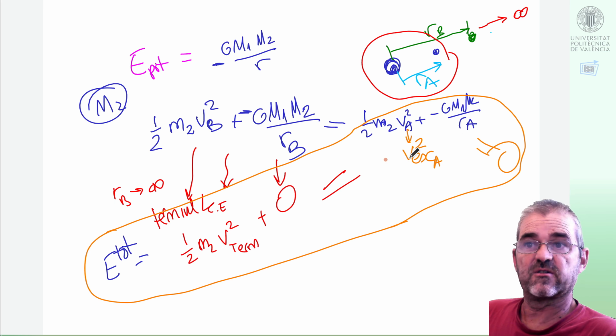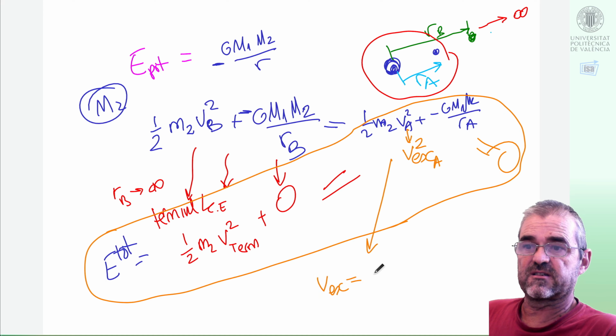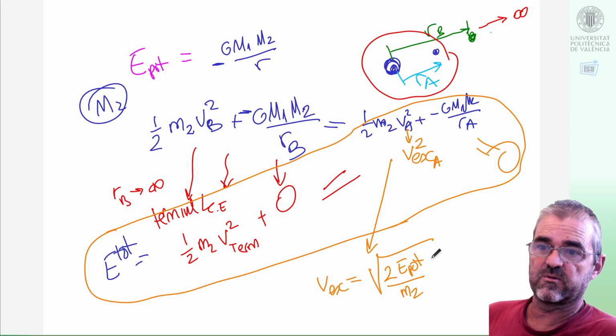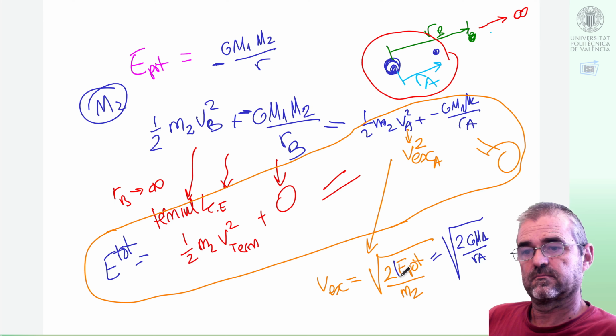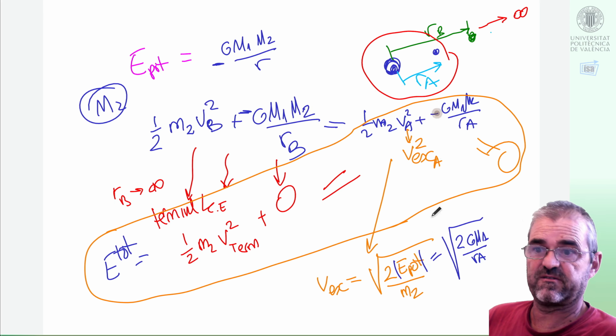So this is the concept of escape velocity, and of course from this formula we get that the escape velocity is the square root of 2 times the potential energy divided by m2, where this potential energy is in absolute value, positive.